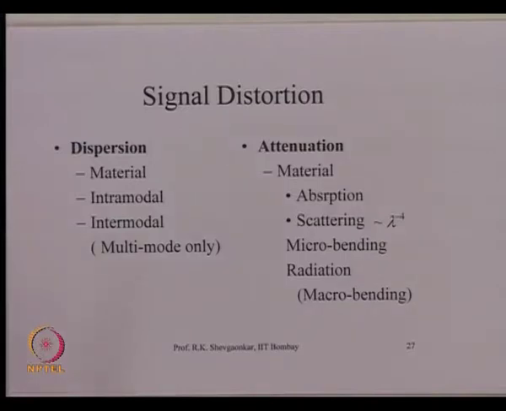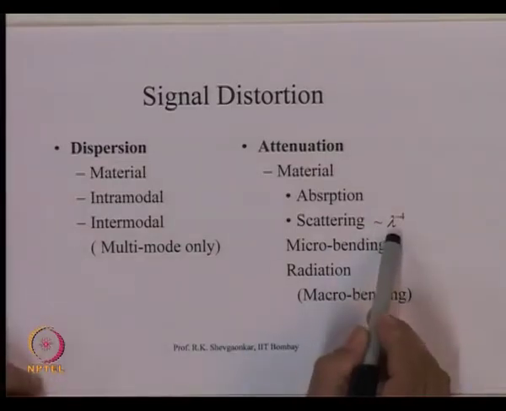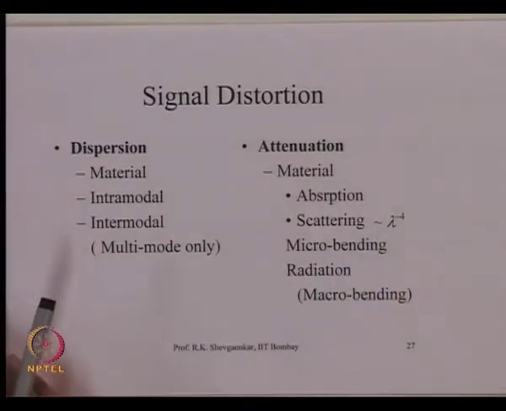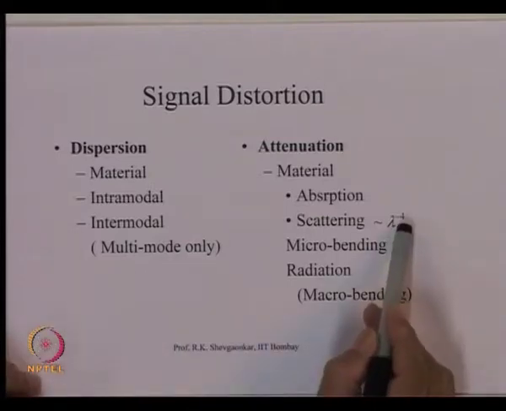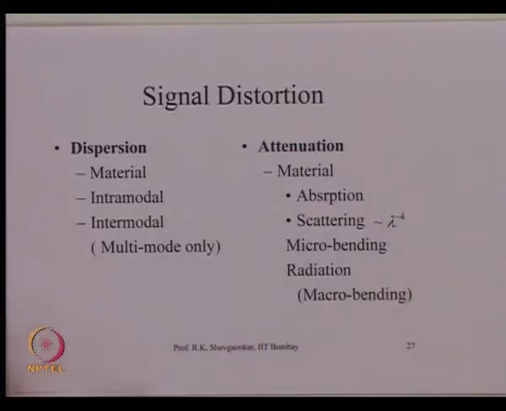And these micro centers have a scale size typically of the order of wavelength or smaller than that. So, you get a scattering of light which has a very strong variation as a function of wavelength. It goes as lambda to the power minus 4. So, even if you take a good fiber, without putting this fiber into a system, just the fiber itself will have losses because of absorption and because of scattering of light.